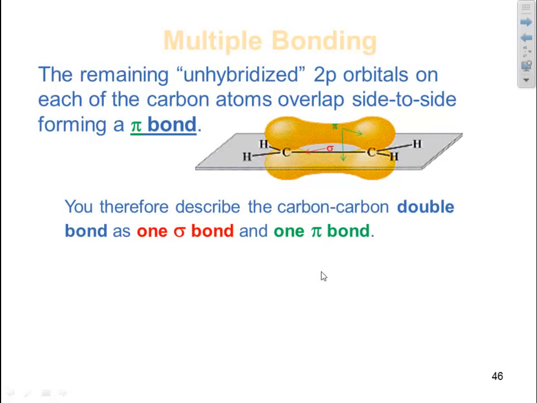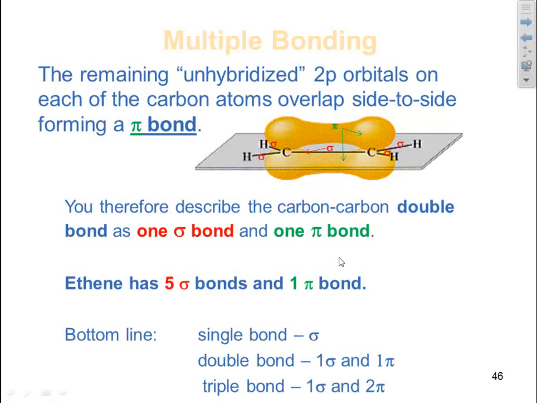So your double bond involves a carbon-carbon bond, which is a sigma, which we just described on the previous slide, and then you have a pi bond, which is your side overlap with your carbon-carbon, which is unhybridized. Okay. The sigma bond is involved with hybridization. So ethene has 5 sigma bonds and 1 pi bond. So you got 1, 2, 3, 4, 5 sigmas and 1 pi.